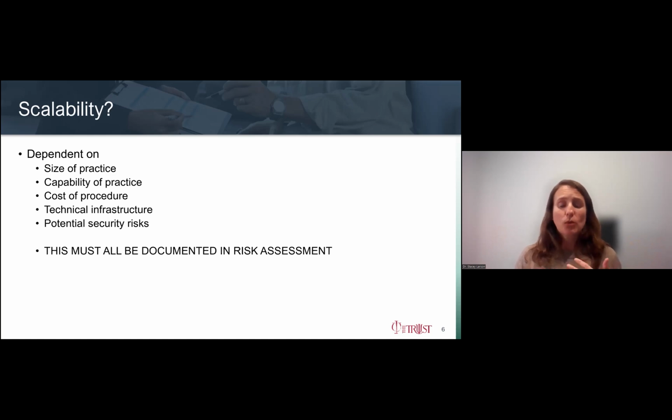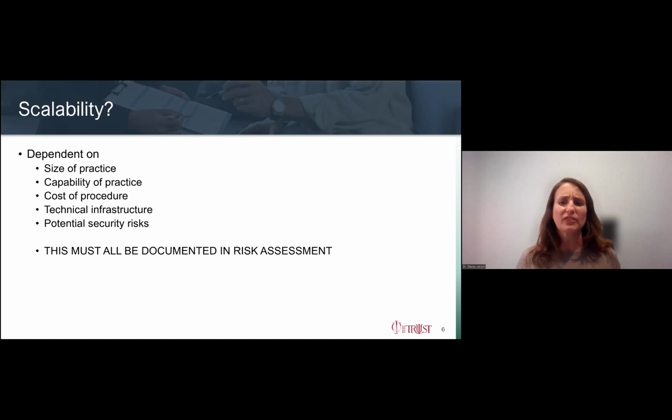So they do want to take that into account, but HHS is not going to necessarily say, oh, it was too expensive, then you're fine. You have to show that you actually considered some other options. And I say this all must be documented in a risk assessment. I am going to go into that further a few slides down, but I wanted to start here.